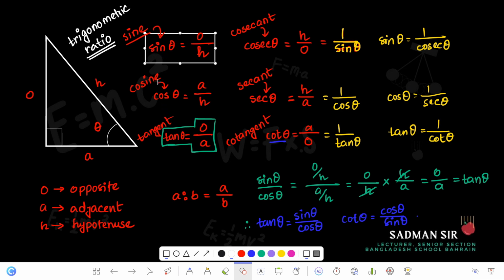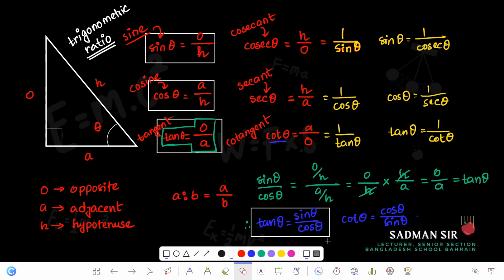And then we have cos theta. And then we have tan theta. These three we are going to use the most, okay? And cosec, sec, and cot will be less frequently used. And also we will be using tan equal to sine by cos and cot equal to cos by sine.